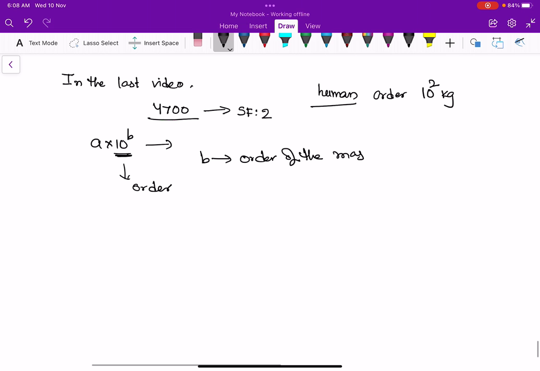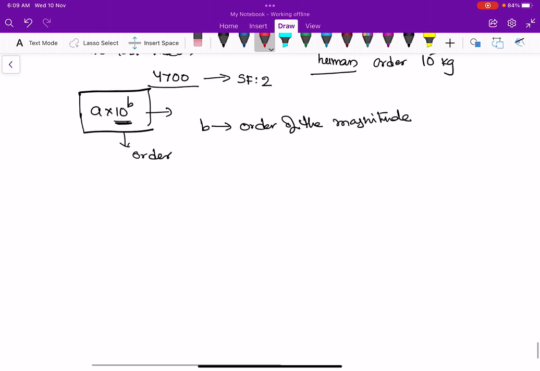So any number we can write with the help of scientific notation, and we can set any number to the required significant figures.